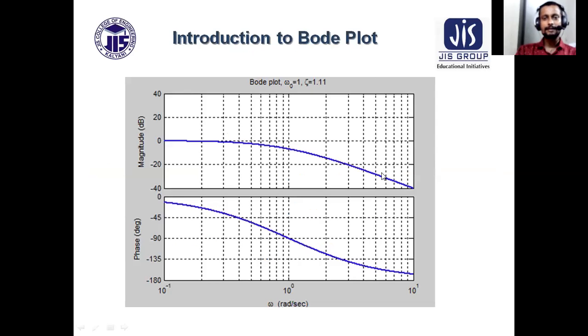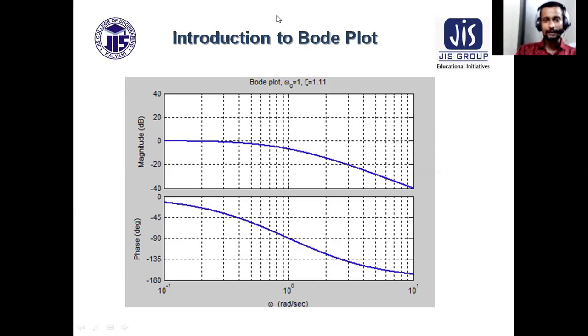So this is a basic Bode plot graph of a particular system in which the x-axis denotes the frequency axis, and the y-axis denotes, for the first case, the upper graph, magnitude, whereas for the lower case, the x-axis denotes the same frequency and the y-axis denotes phase angle in degrees.